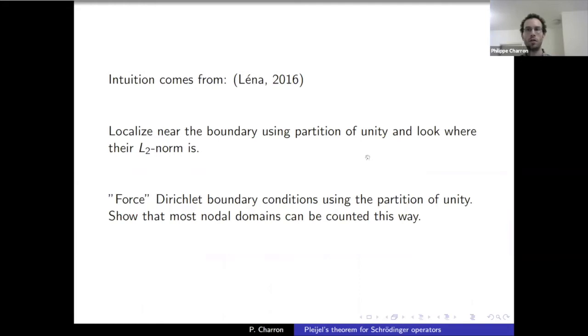When Corentin did his method, he basically showed that you cannot have too many nodal domains concentrated next to the boundary. It's basically this little o of n that hides next to the boundary. So we're going to do that as well for the Schrödinger operators.